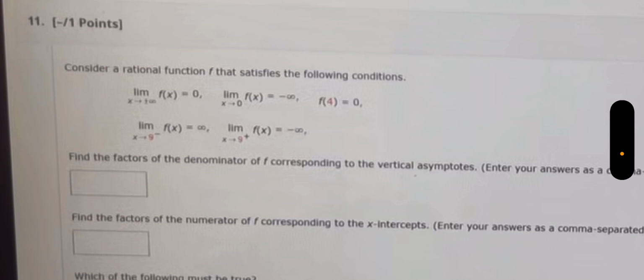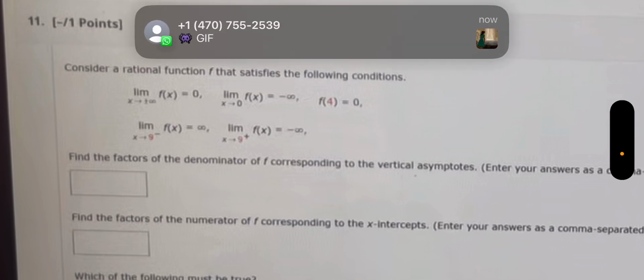So that means that as it comes from the left or the right, y tends to negative infinity. So that's one vertical asymptote, right? As x gets closer to 0, y goes to negative infinity. And then as x approaches 9 coming from the left, y goes to positive infinity. As x approaches 9 from the right, y tends to negative infinity, right? So it's namely when x is 0 or when x is 9, we have a vertical asymptote.